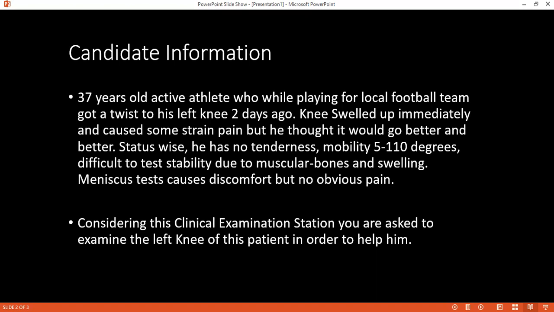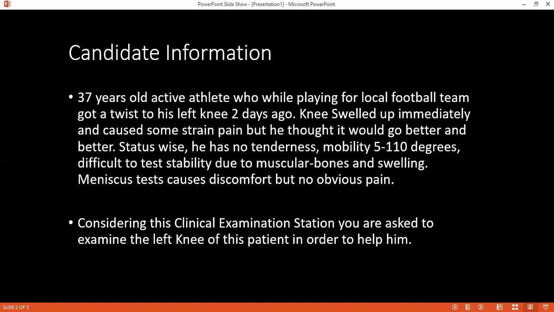Then at first, I will start my examination in the standing position of the patient from front, back, and lateral side. I will look at both joints' alignment, flexion, any deformities or muscle wasting, scar, swelling.